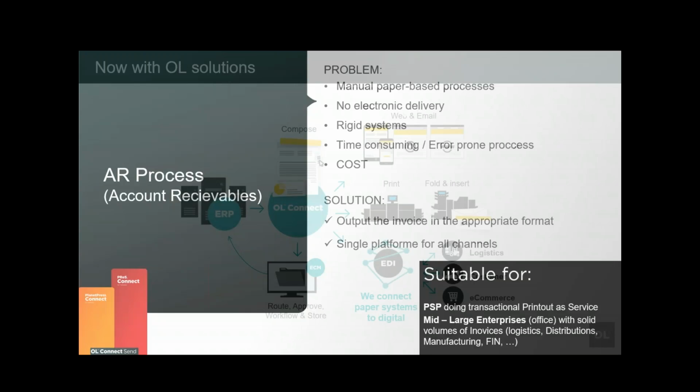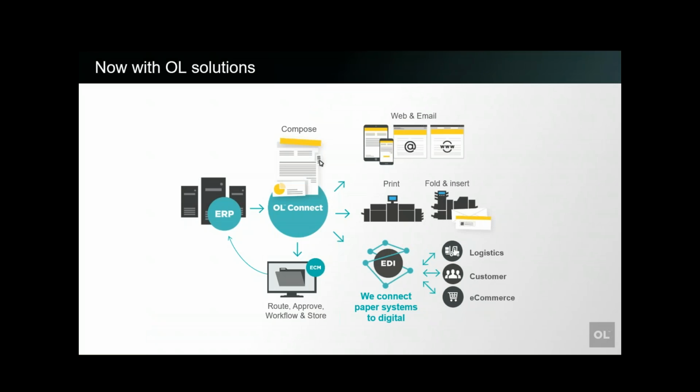How do we see this in OL? It's pretty simple. We take the information from the ERP or any other system, billing system, or whichever system is providing information, and instead of going to the print right away, it goes to OL Connect, which then takes over handling the file, what needs to be done with it, how and where it needs to be sent.